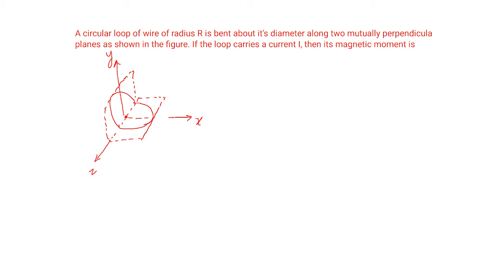A circular loop is bent into two semicircular loops. This is one semicircular loop and this is another semicircular loop.